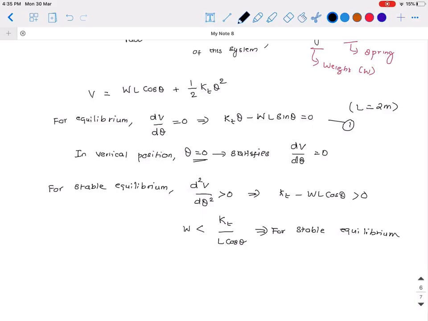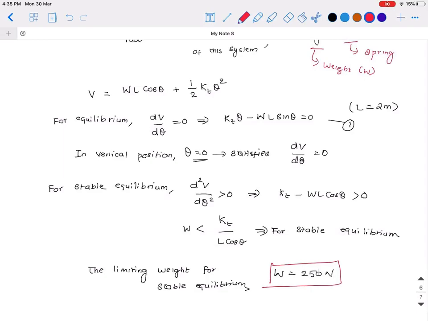So the limiting weight for stable equilibrium is W equal to 250 Newton. That is the answer for this problem.